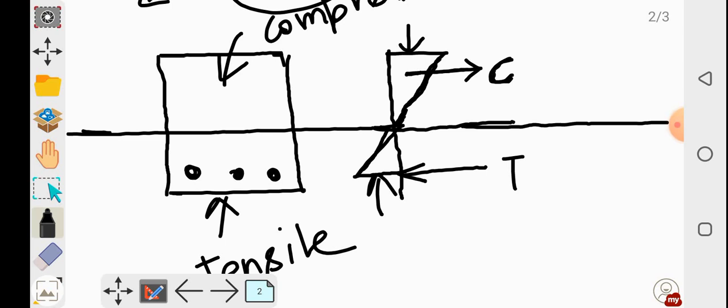These are opposite to each other, because one is compression and the other is tensile force. For a balanced section, the compression force should be equal to the tensile force, and we know the distance between these two. So these two, compression and tensile force, make a couple like this. We know how a couple is generated, right?